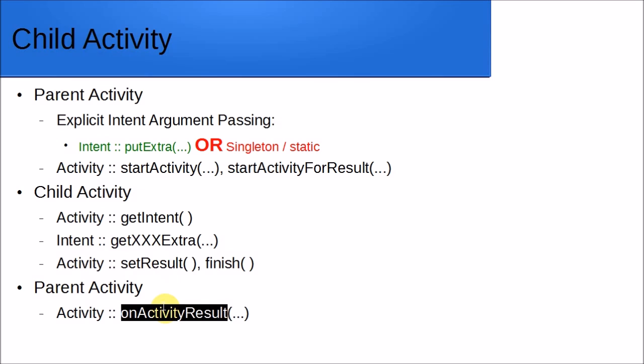If the parent activity is expecting results, the parent activity will have to write this function. Android will call this function, onActivityResult, to handle the return values from the child activity. Okay, so that's it for the child activity for this topic.